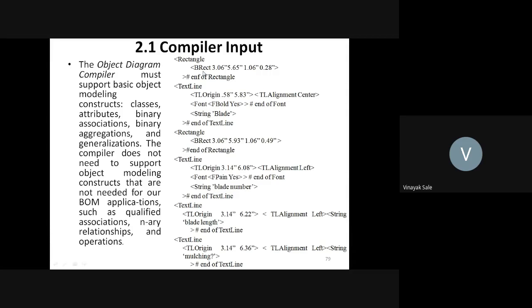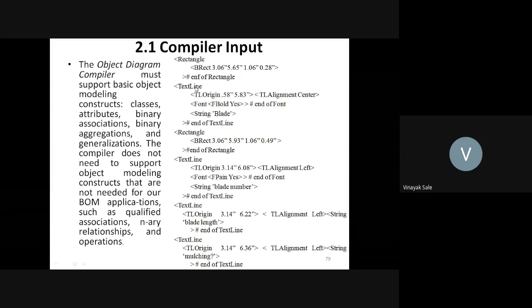Class rectangle, then b rect. These are the properties: 3.06 inch, then 5.65 inch, then 1.06 inch, and 0.28 inch. These are the properties regarding the rectangle class, and end of the rectangle.